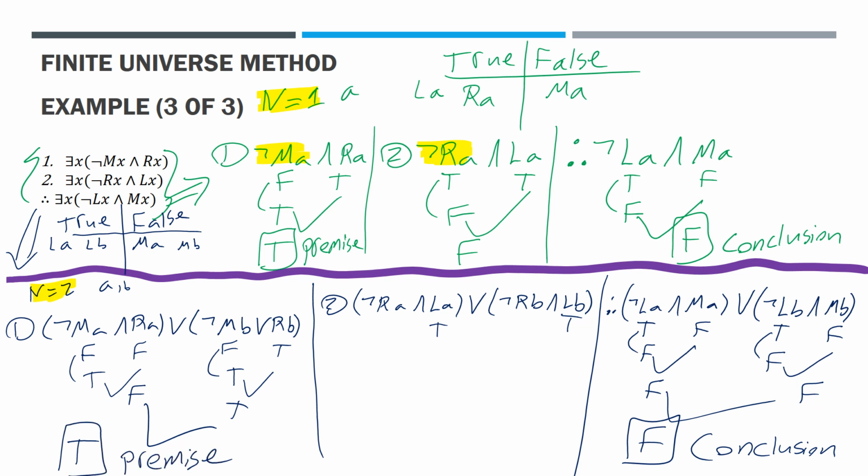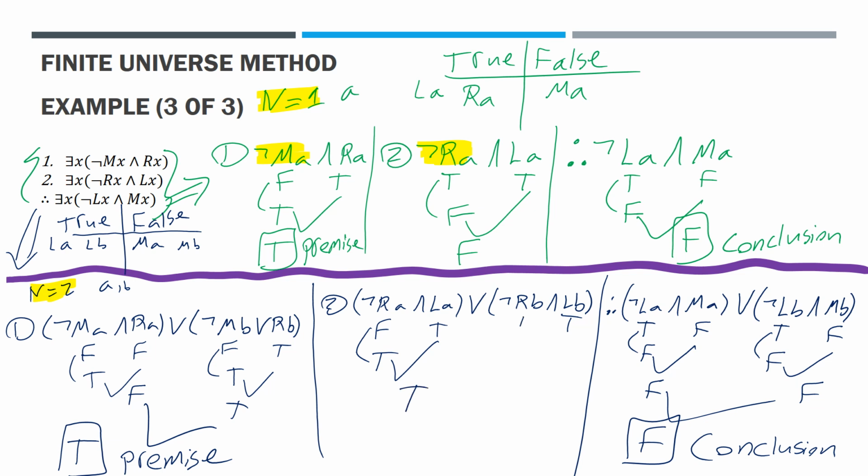If we look at our second premise, again, I don't think we'll have any difficulties here to get something that's true out of that. So let's see. We'll say RA is false. That's being denied. That's true. True and true is true.